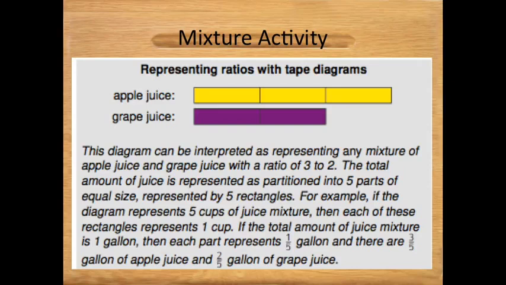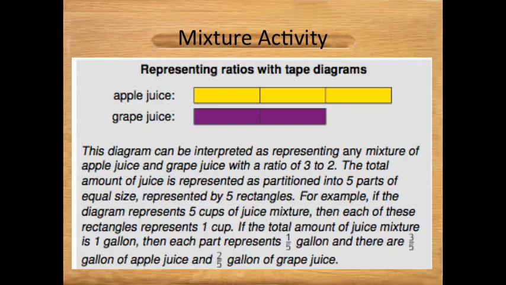If we presented the students with this diagram, this is a line diagram, you can see that we're talking about 3 cups. Each rectangle represents a cup. We're talking about 3 cups of apple juice, 2 cups of grape juice. If we mix them together, we can say that in our mixture, the ratio of apple juice to grape juice is 3 to 2.